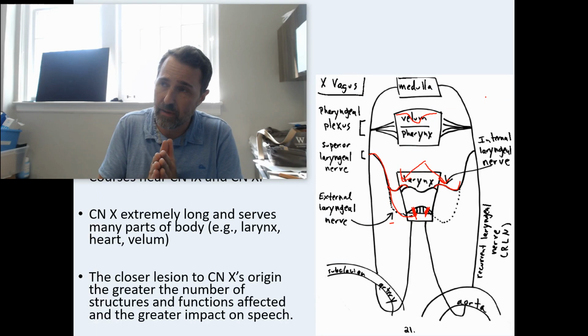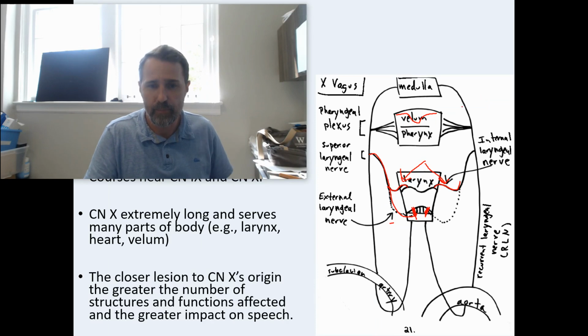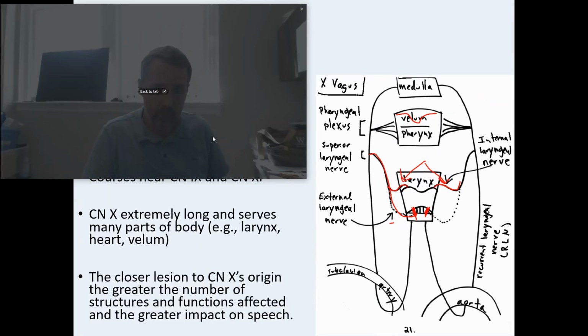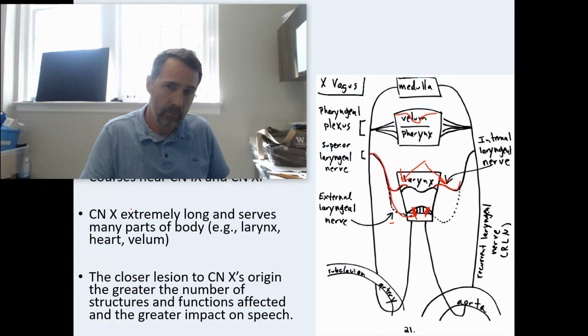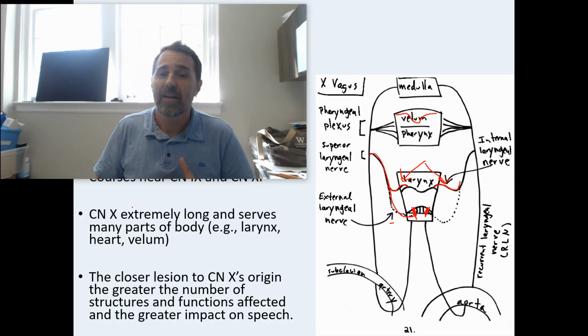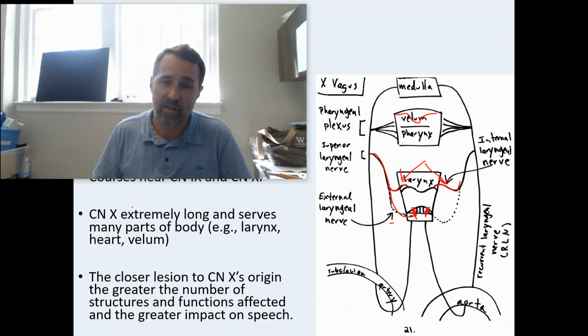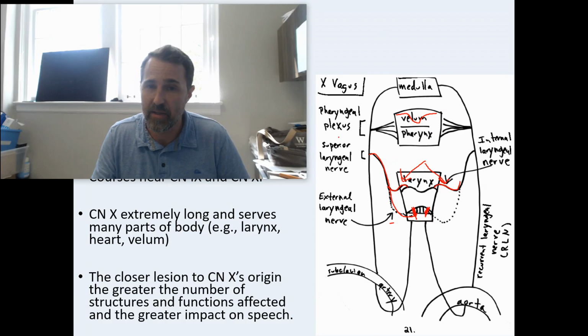If you can't feel like a piece of popcorn on your vocal folds or pass through your vocal folds, then you're not going to try to cough it up. So having reduced laryngeal sensation comes from damage to the intrinsic branch of the SLN. When I say SLN, I mean superior laryngeal nerve.